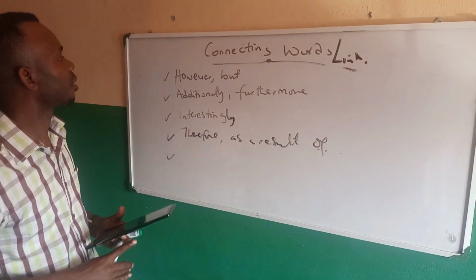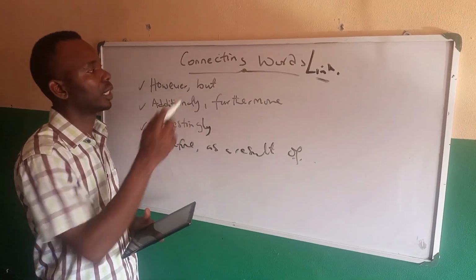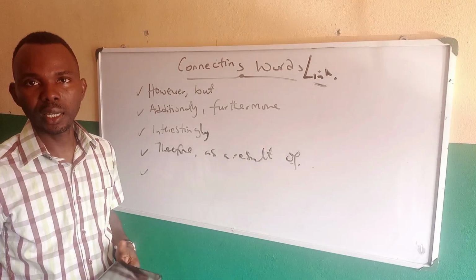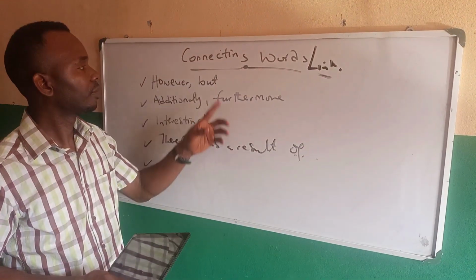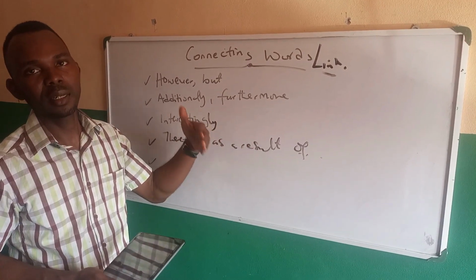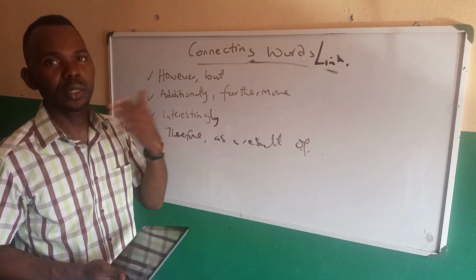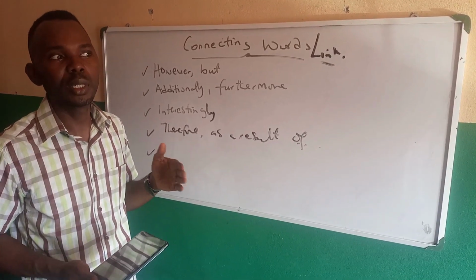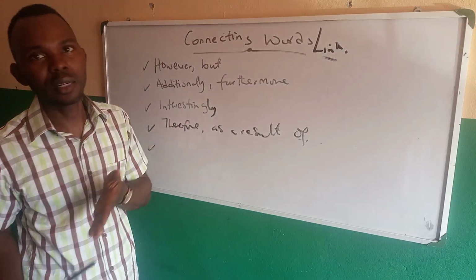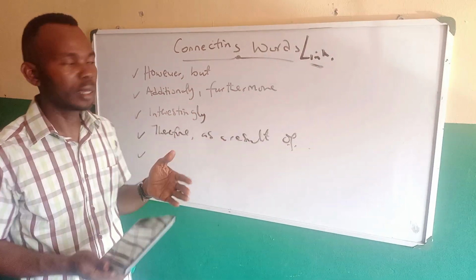You could use something like however or but. This indicates that what you are about to say is slightly different from what you've been saying. So if you are talking about something and then you need to say another side of it, you could use the word however or but to link them.